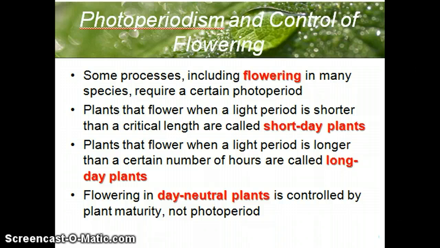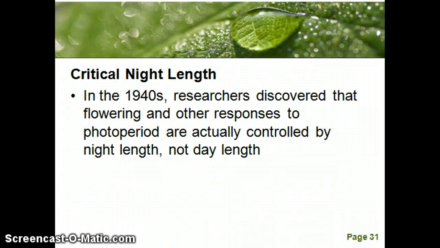So this can be kind of confusing, the short day versus long day plants. But really, what is most important and was discovered in the 1940s is that it's not really the length of day that matters so much as the length of night. So they discovered that flowering and other responses to a photoperiod are actually controlled by the length of darkness, not by the day's length.